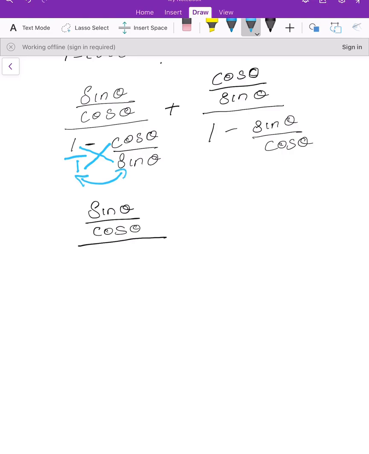This is how I'll do the LCM mostly if it is not a number. So 1 into sin theta is sin theta, minus 1 into cos theta is cos theta, by 1 into sin theta is sin theta.